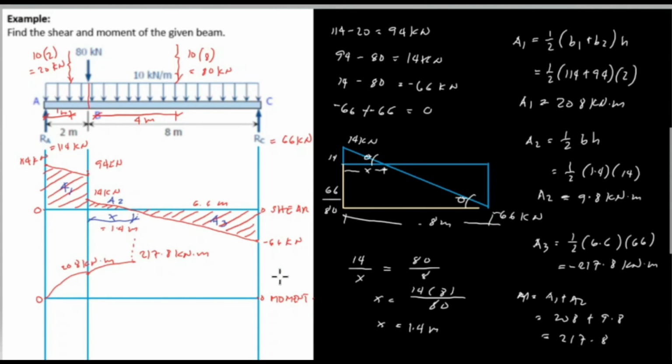We connect from the point at 1.4 meters up to C, and the shear values are decreasing, so the shape is concave downward. That's it, and we shade it.